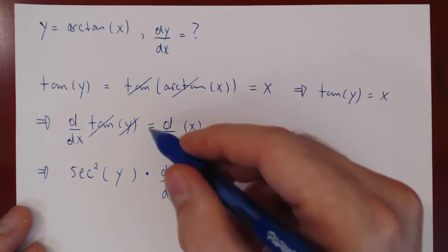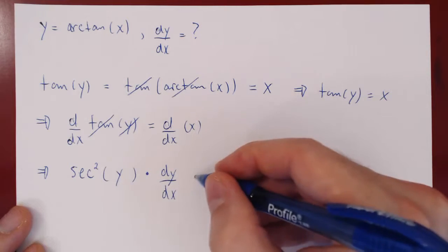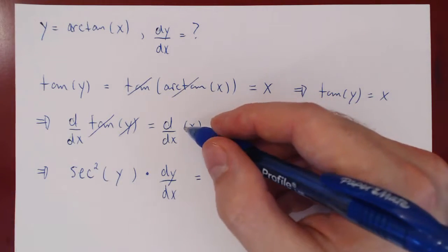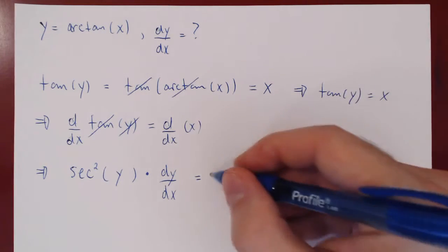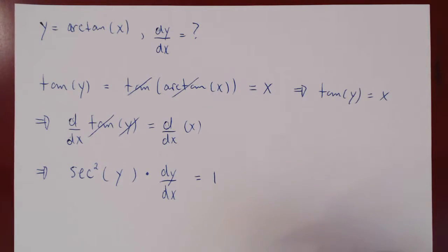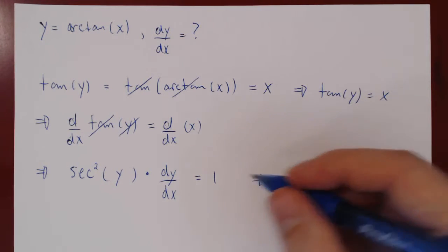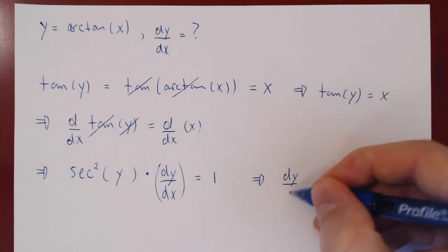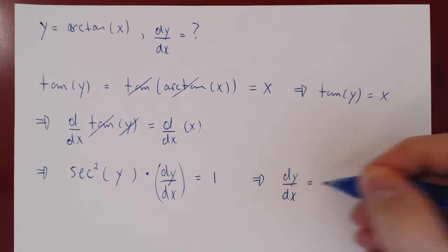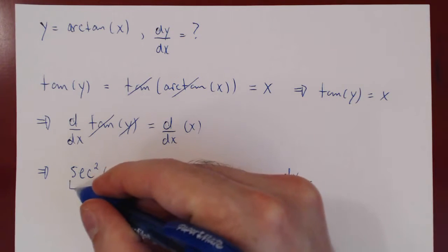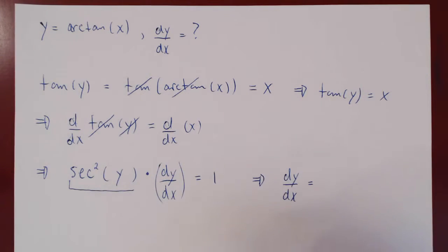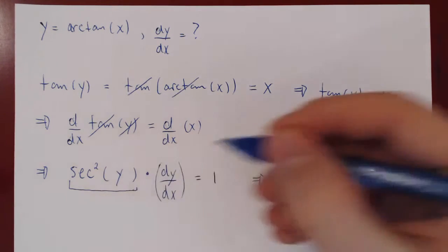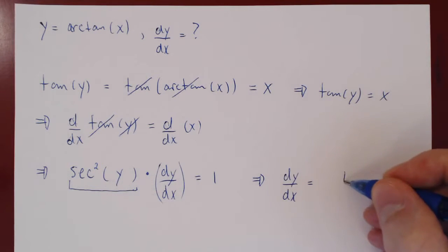That takes care of the derivative of the left-hand side equals the derivative of the right-hand side, which is simply 1. So we can now solve for dy over dx. dy over dx is equal to, well, we just divide through by secant squared of y. So we'll have that dy over dx is 1 over secant squared of y.